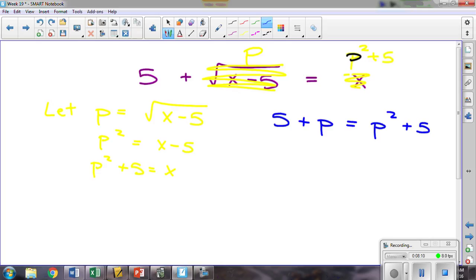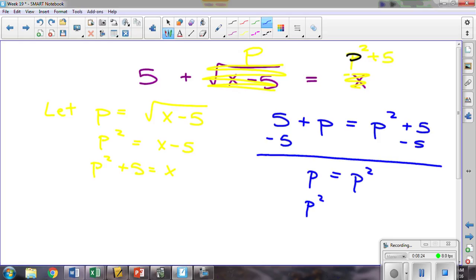Well, we can subtract off 5 from both sides and get p is equal to p squared, which is p squared minus p equals 0. If we factor out the p, what gets left behind?